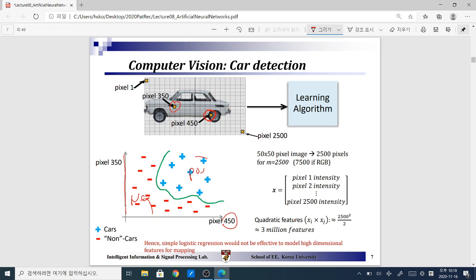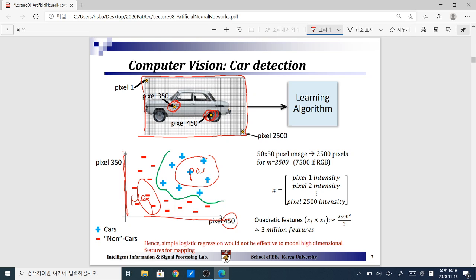And then we plot those samples that belong to the positive, that is, the samples that contain the car images, and those of the negative that do not contain the car images, where, once again, each of these snapshots contains pixel 350, which is this vertical axis, and 450, which is this horizontal axis.